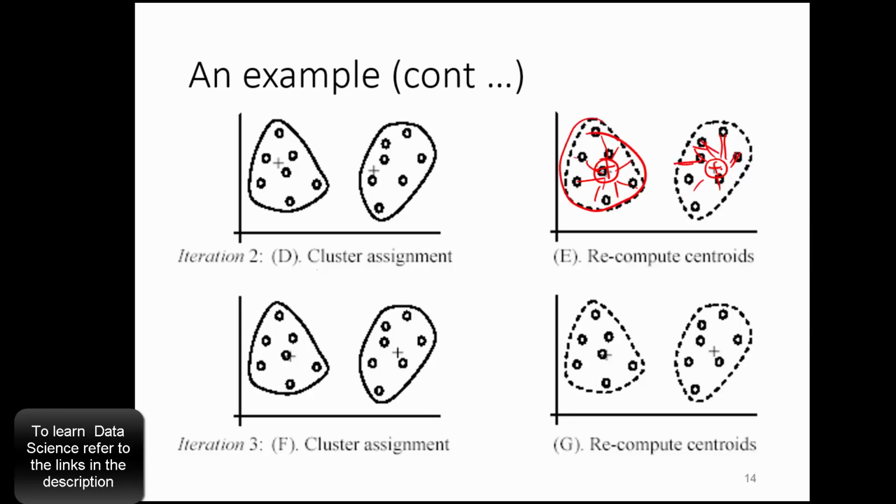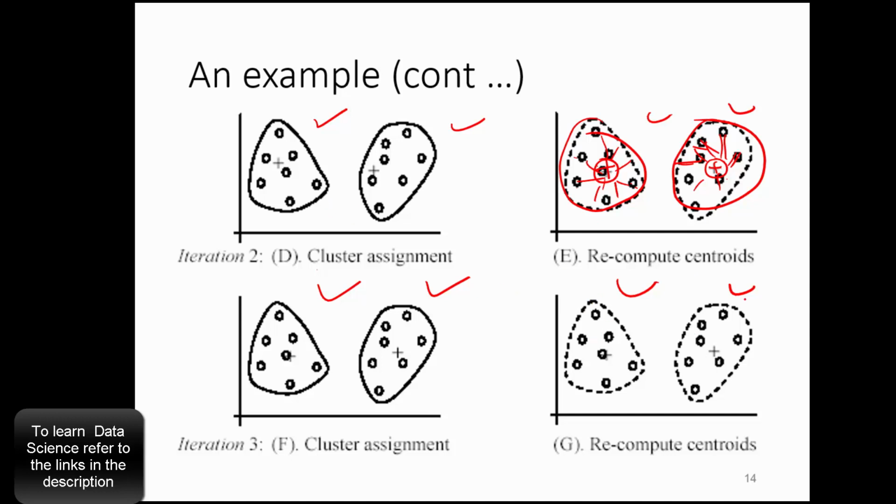These data points are closer to this one, so this is another cluster. But you see that there is no change. This is exactly what we had in the previous step, and you continue for a few more times. You see there is no change after that. That means we know that the algorithm has now converged, and we finally have two clusters in place.